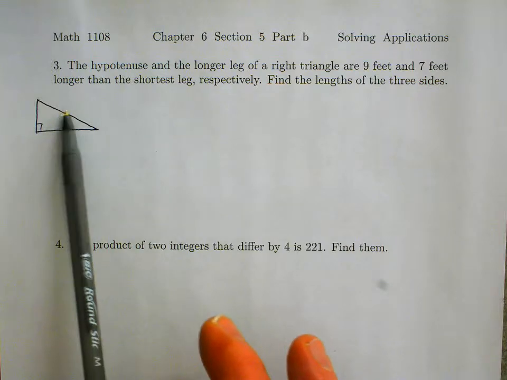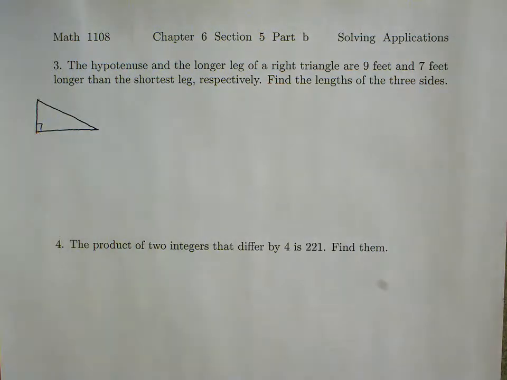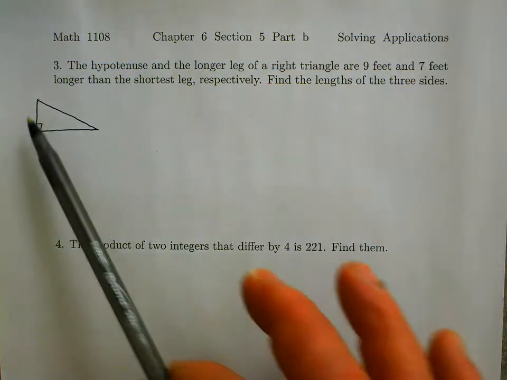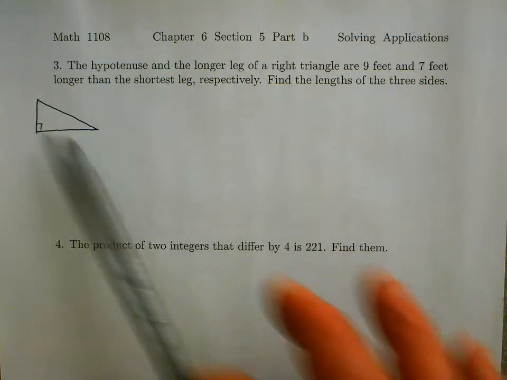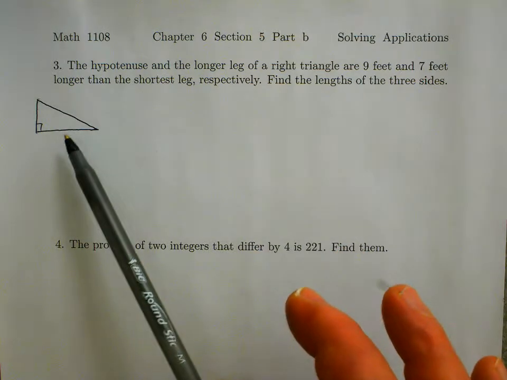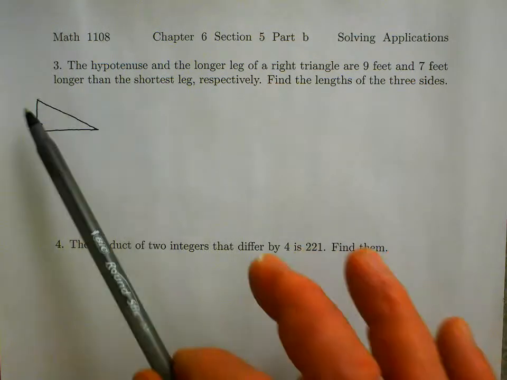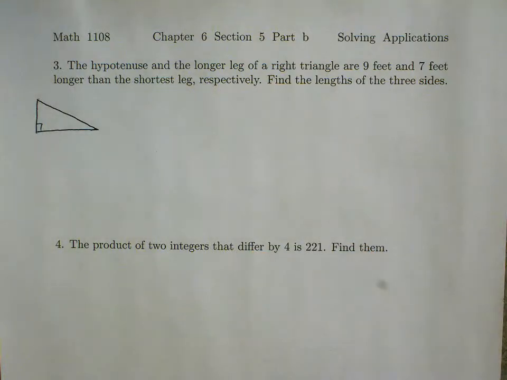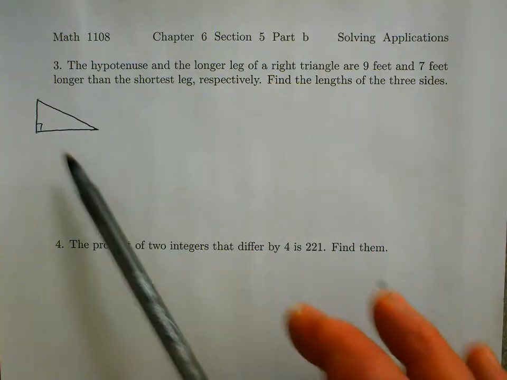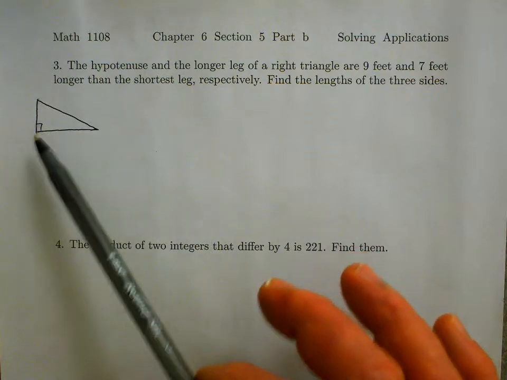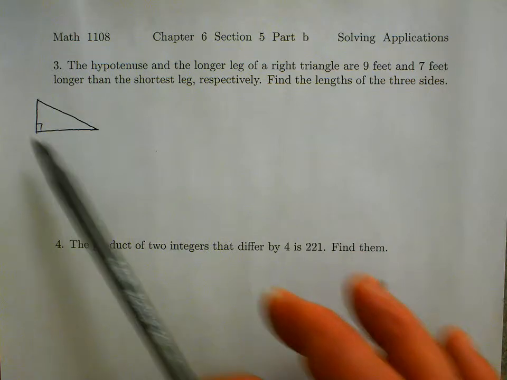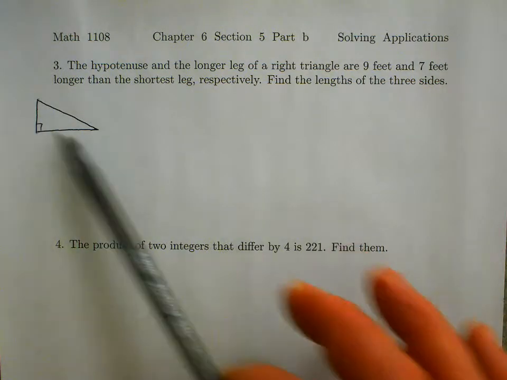It's the side opposite of the right angle. And the two other sides, neither of which is the hypotenuse, are referred to as the legs of the right triangle. A right triangle can have two legs that are the same length, or they don't have to be the same length.